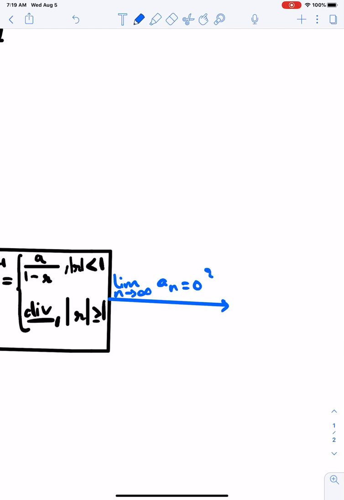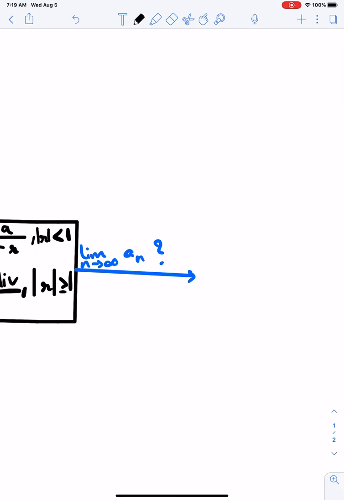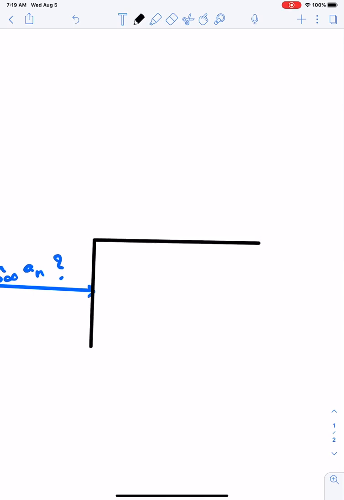This is sort of the first major test, the divergence test. Some people also call it the nth term test. So what is it?